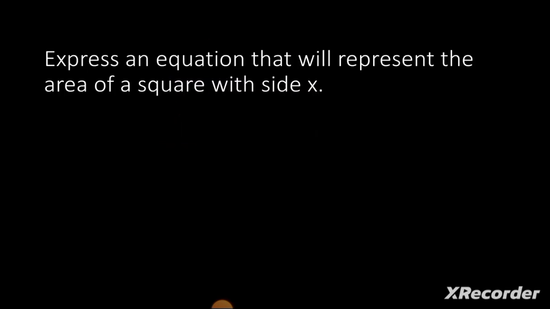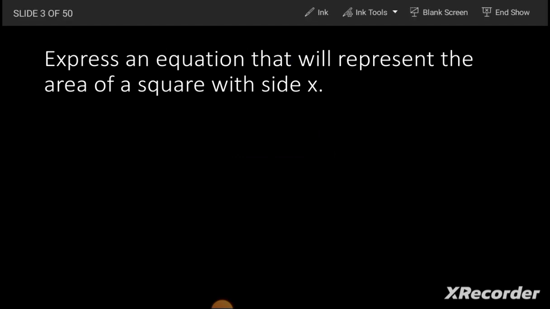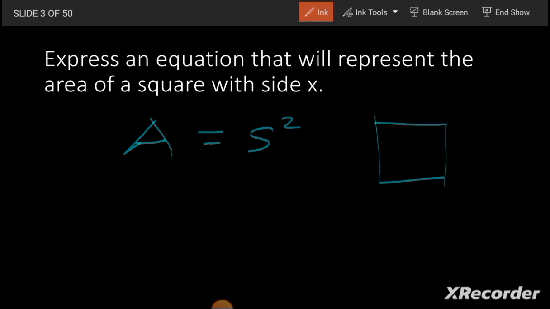Next, express the equation that will represent the area of a square with side x. So remember that the formula to get the area of a square is equal to s squared, where if we sketch the figure for a square, all the sides labeled as s, they are all equal.